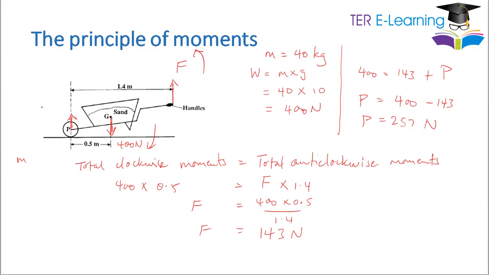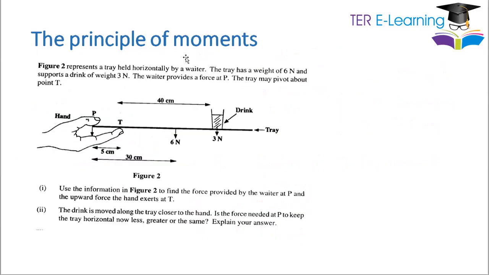So the upward force at P is 257 newtons. All right. So I hope you are following. You can always practice the questions, try to work it, and then look at the solution.